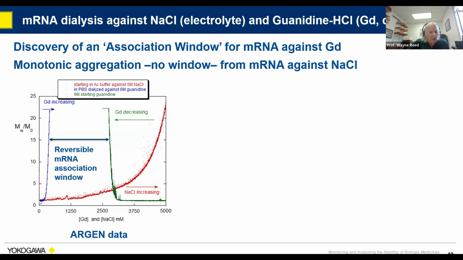And you can see initially it's doing the same thing as NaCl because it's also a monovalent salt. But then all of a sudden it goes through this huge, massive colloidal aggregation, which saturates the instrument. And then if you keep going, it comes down on the other side. So it's like a window. It is reversible, and we call it an association window.